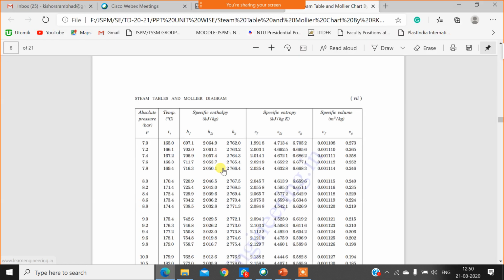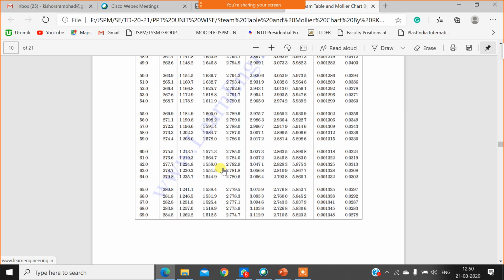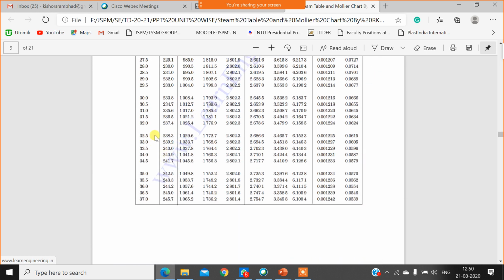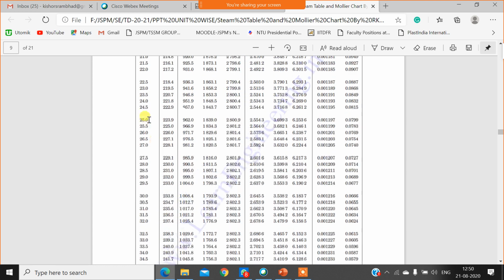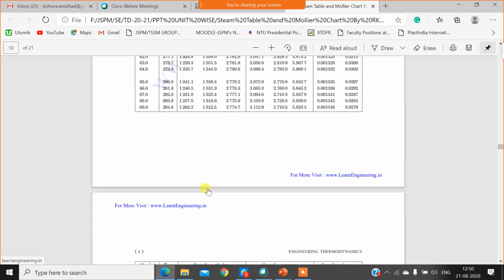At 20 bar, the saturation temperature is 212, but the given temperature is 350, therefore it is superheated.